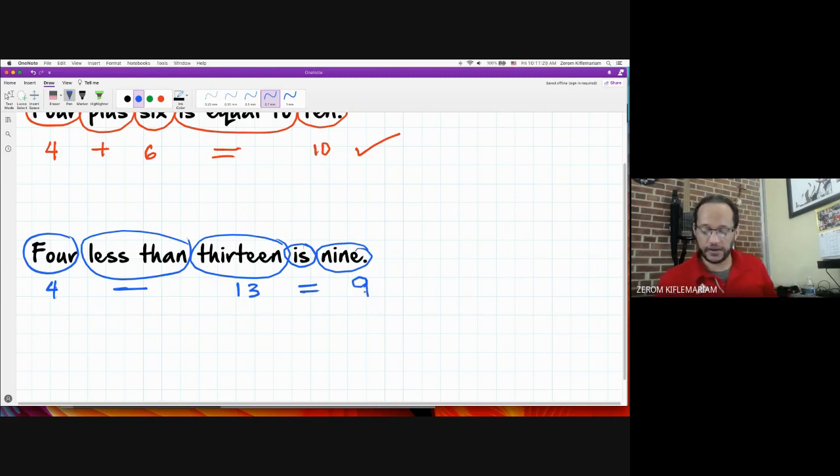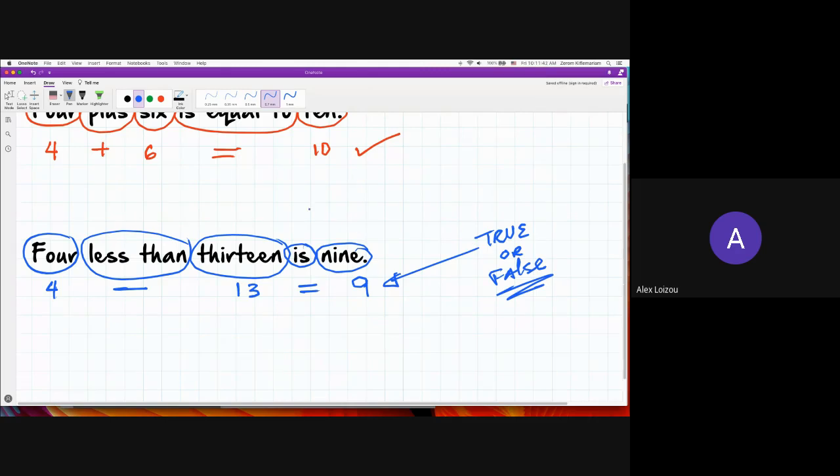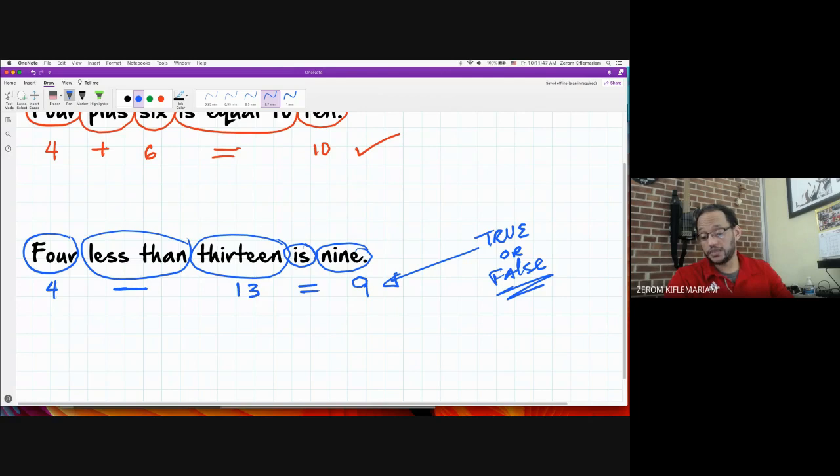Somebody give me over here, is this true or false? The symbolic statement is false because it would be -9. The symbolic language is false, not because this was supposed to be a -9. It is false because the way it was translated was wrong.